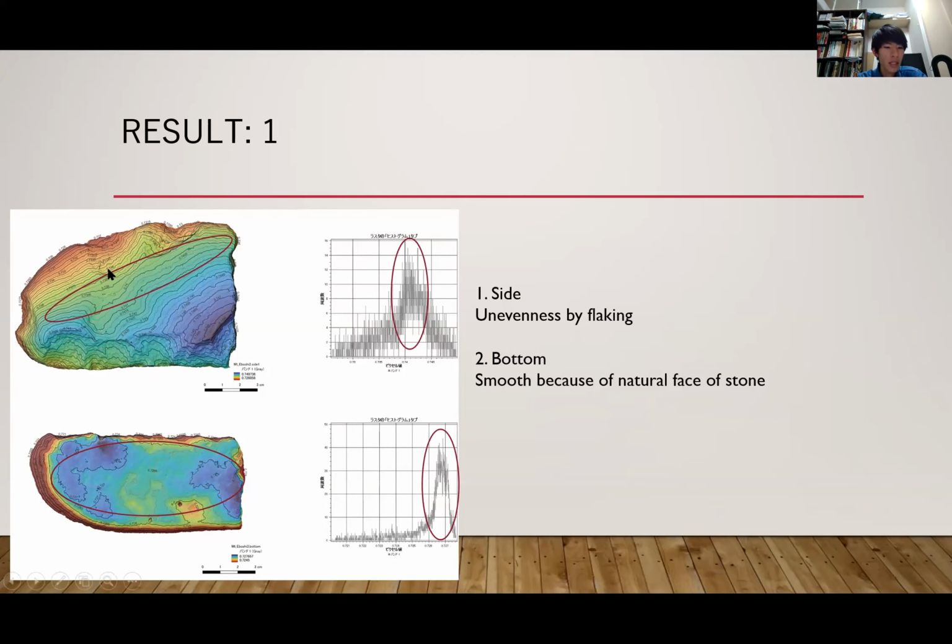This red circle shows the peaks of the histogram and the corresponding part of these stone implements. In the histogram, the horizontal axis shows the height, and the vertical axis shows the quantity of coordinates which have the height in the artifact.